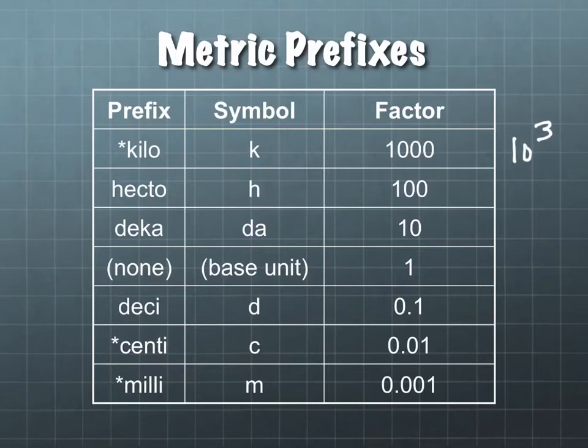Centi is prefix of C, and it has a factor of 1/100th. And milli is an M, and it has a factor of 1/1000th.